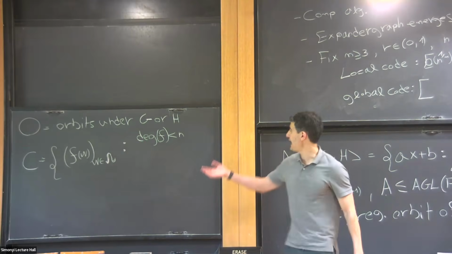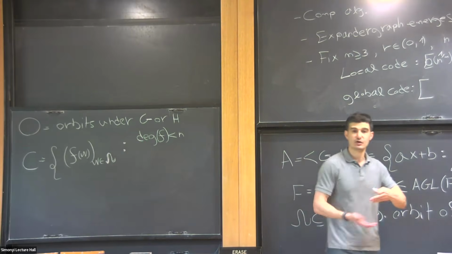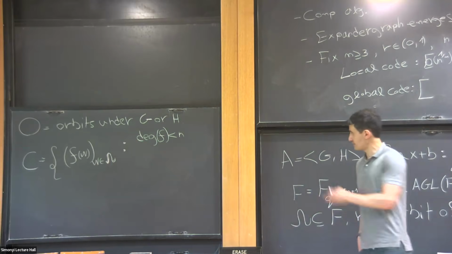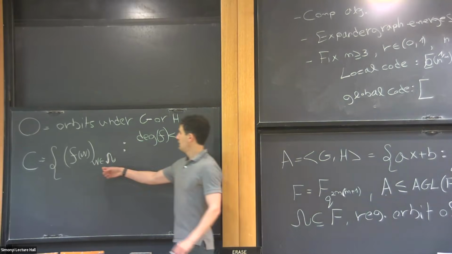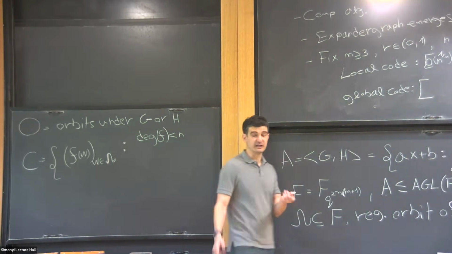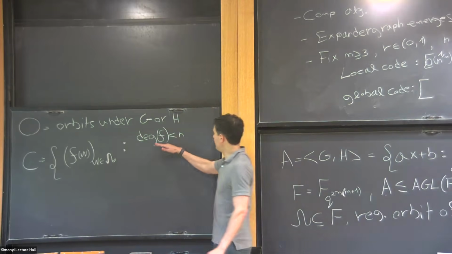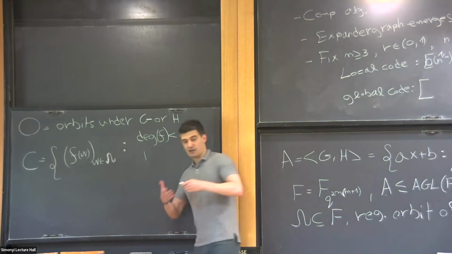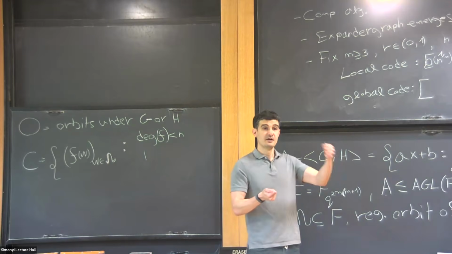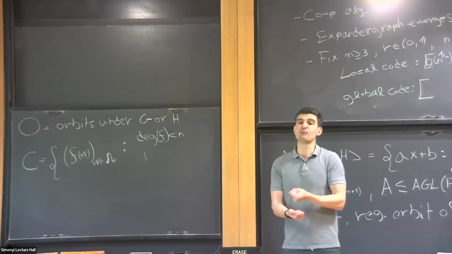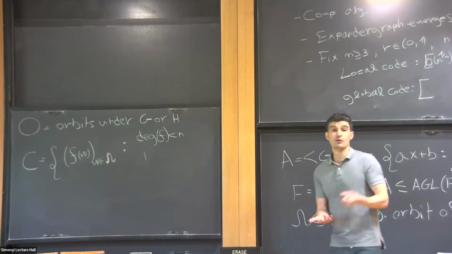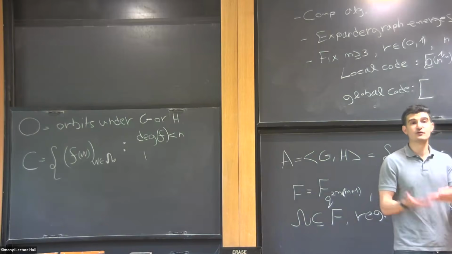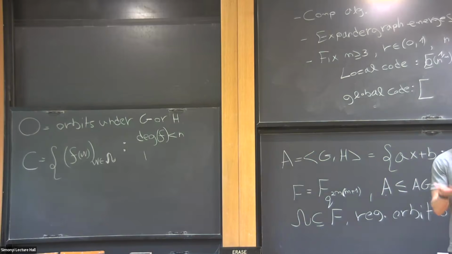The reason I add this constraint is because I want the mapping from the space of polynomials to the codewords to be injective. So I define this, and what I want is, if I take an orbit and restrict my polynomial to the orbit, what I get is a polynomial whose degree is strictly less than the length of the orbit.